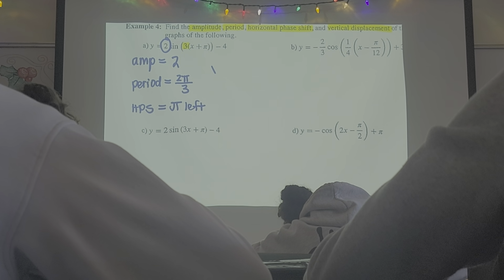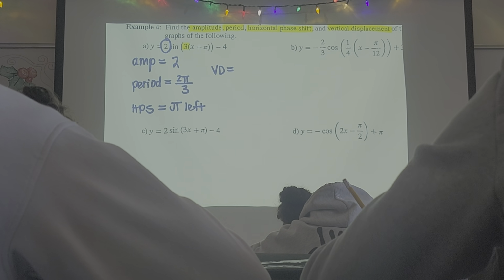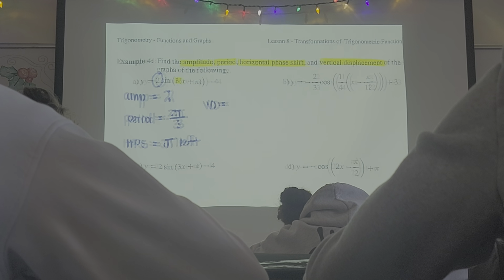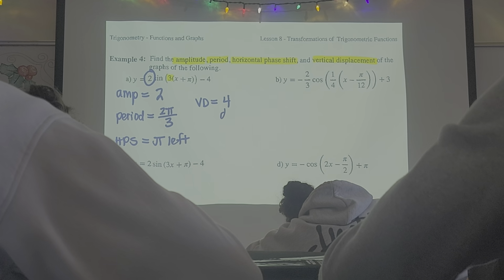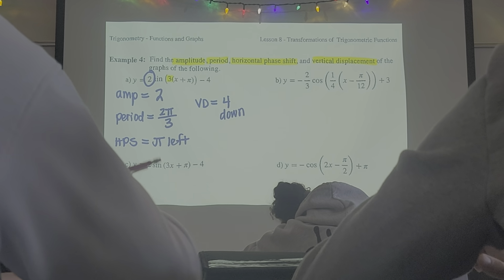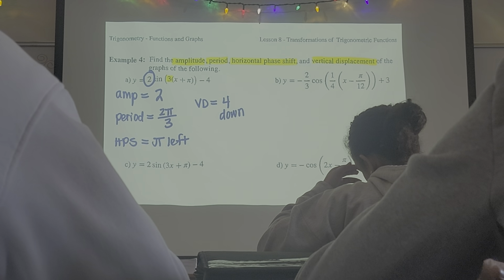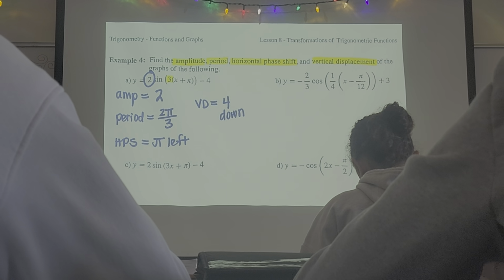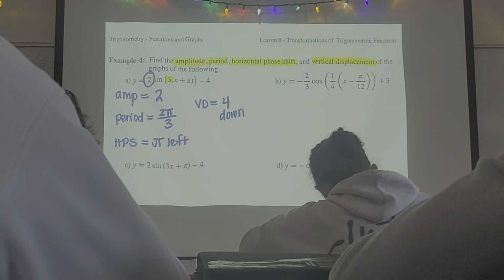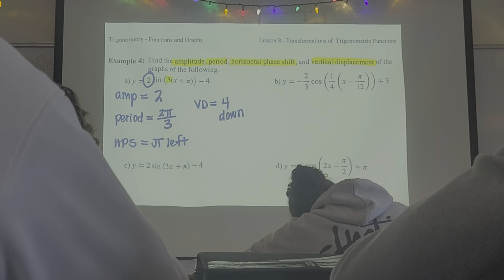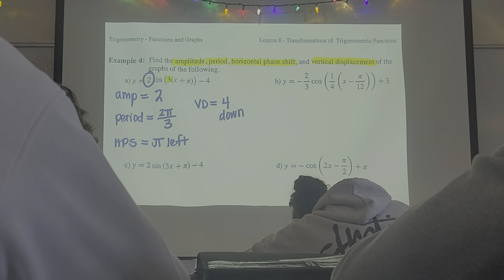And vertical displacement, minus 4, so 4 down. Basically we're just taking those 4 values from our equation and labeling them.